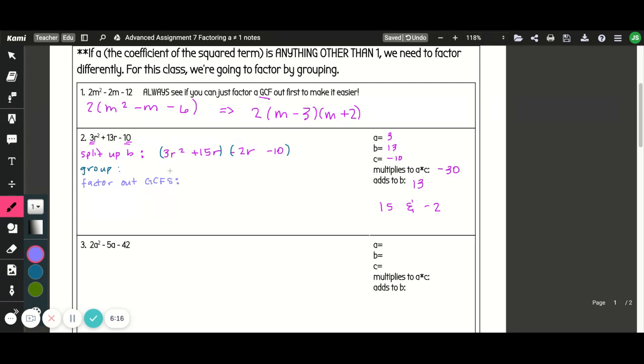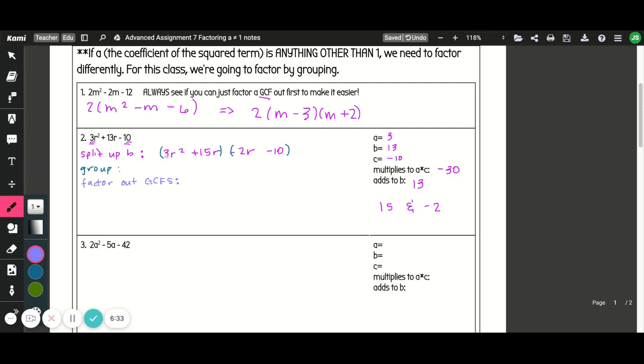So I did kind of 2 of them on one line right there. Step 3 is that we are going to factor out the greatest common factor from each one of those 2 groups separately. So I'm going to look at this first one.